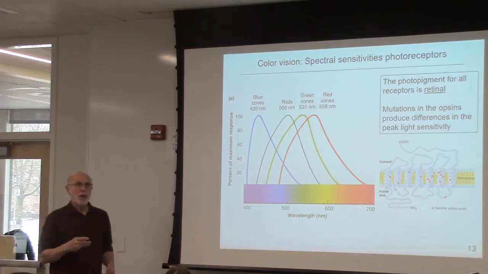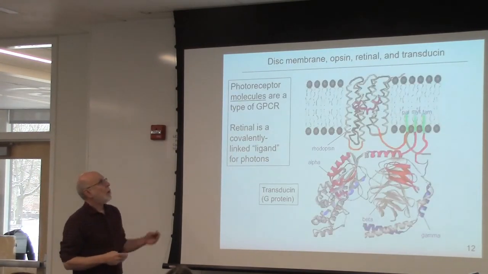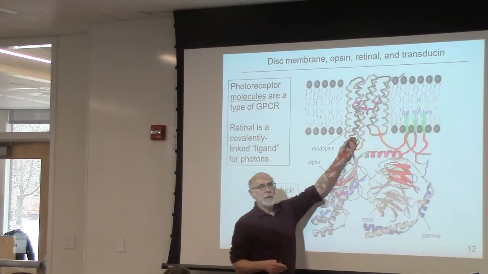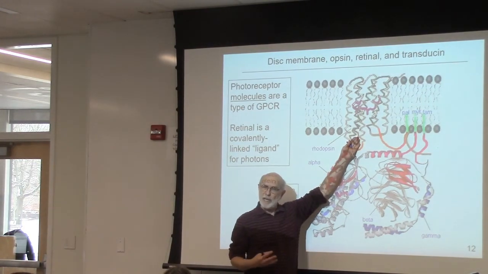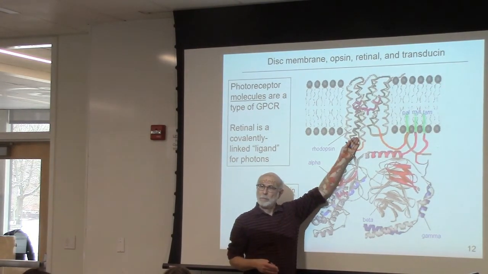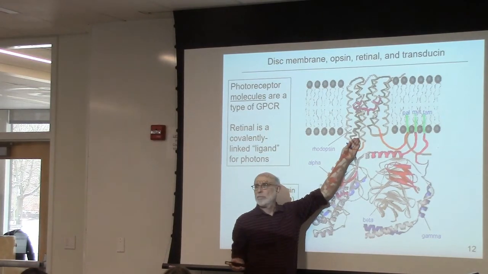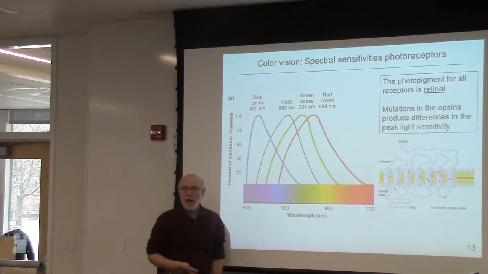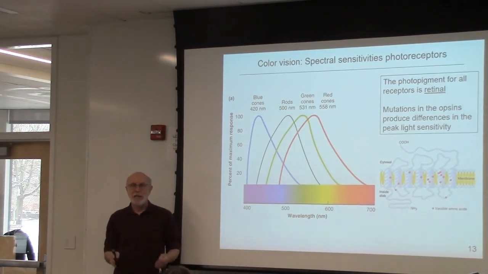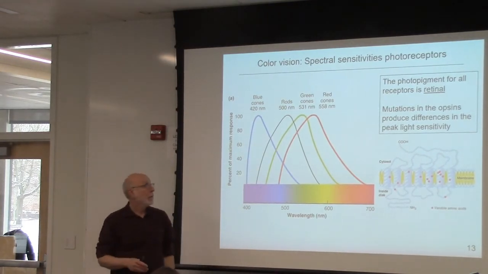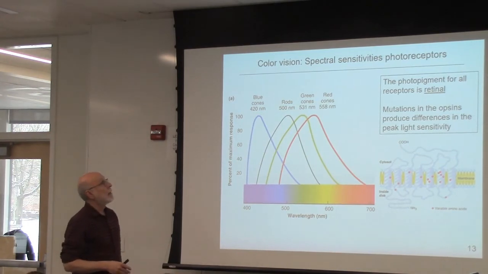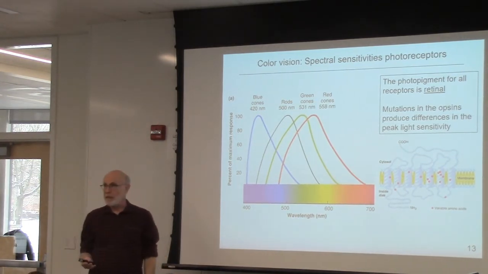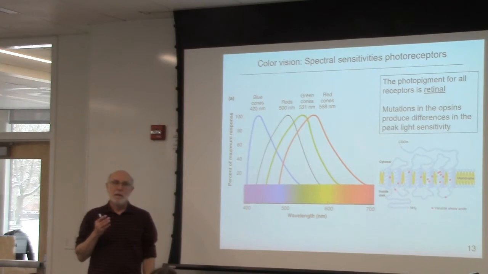So, one question is, how can one type of receptor give us color vision? Well, it's not one type of receptor. It's really 4 types of receptors that are very, very similar. We have slightly different opsins in the color-sensitive cones and in the rods.